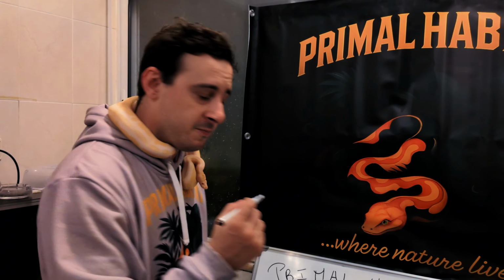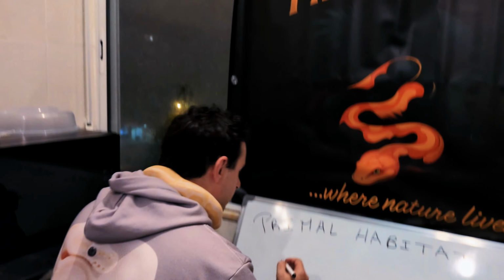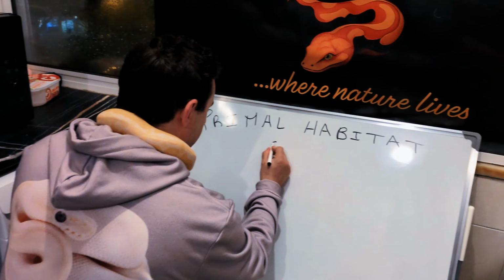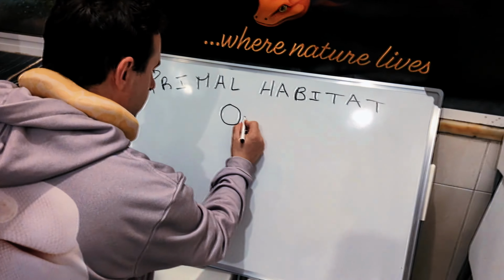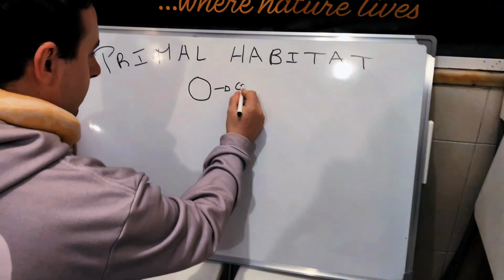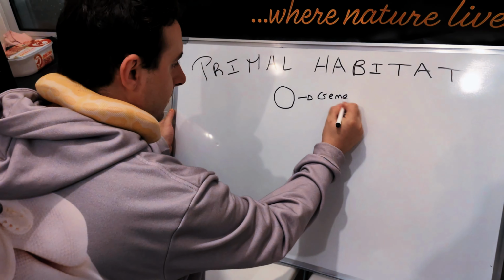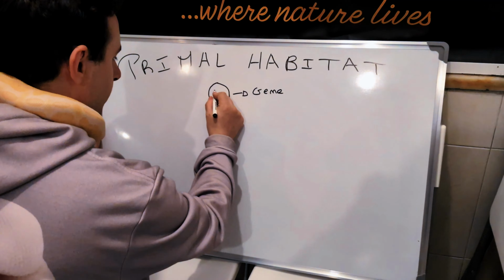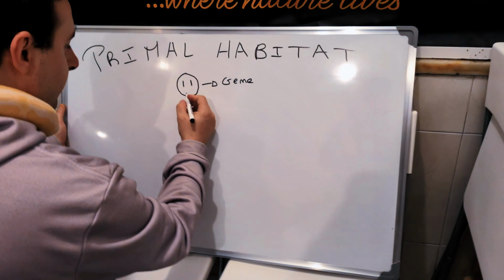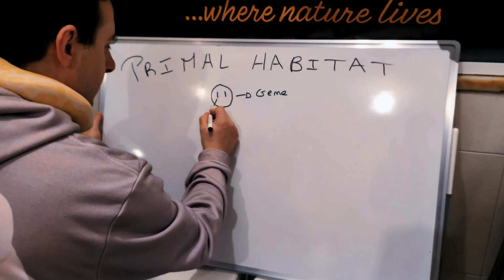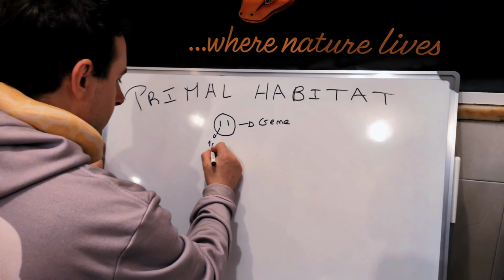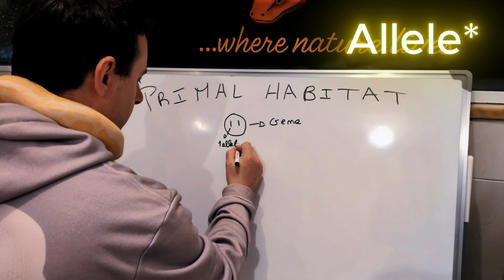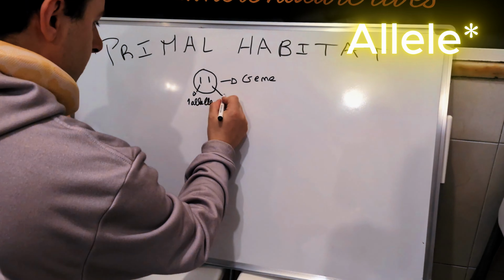So first I will explain how genes work in a ball python. For that I will represent in this board a gene with a circle. So imagine this is a gene, okay? In every gene, a ball python has two alleles, represented by these vertical lines. This is one allele, and this is the other.